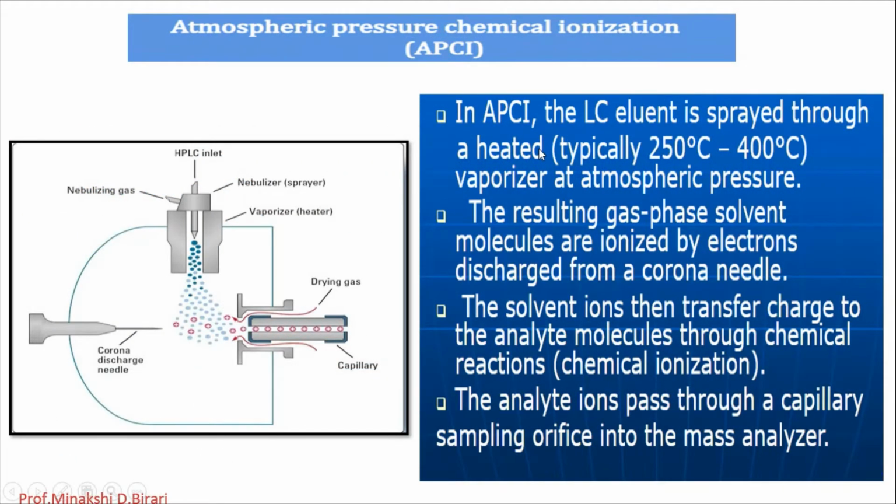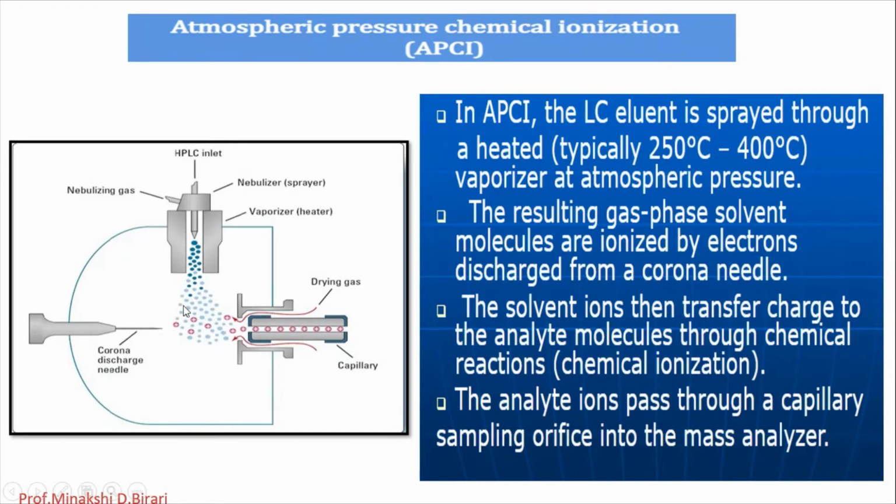In APCI, the LC eluent is sprayed through a heated vaporizer at atmospheric pressure, typically at 250 to 400 degrees Celsius. The resulting gas phase solvent molecules are ionized by electron discharge from a corona needle. The solvent ions then transfer the charge to the analyte molecules through chemical reactions, which are also observed in chemical ionization.